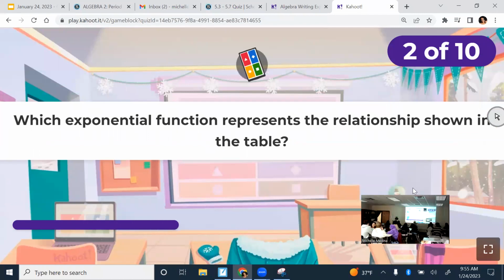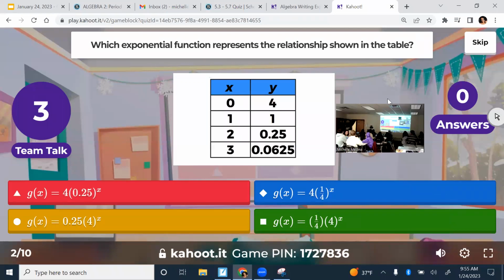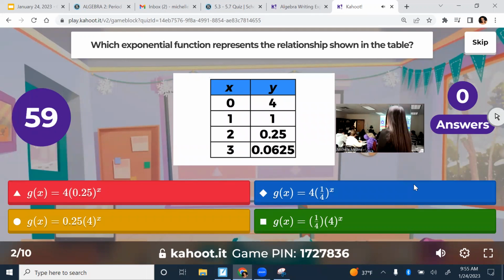Which exponential function represents the relationship shown in the table? So writing the equation from a table, that's been the struggle lately. Take notes as we go too, maybe copy down the table.